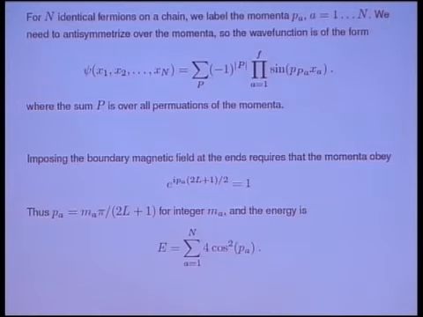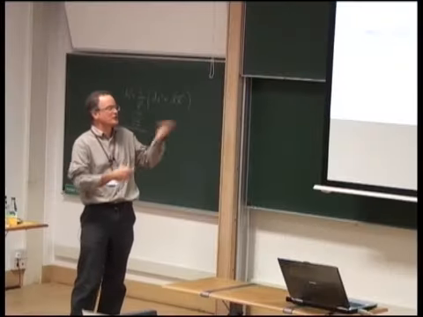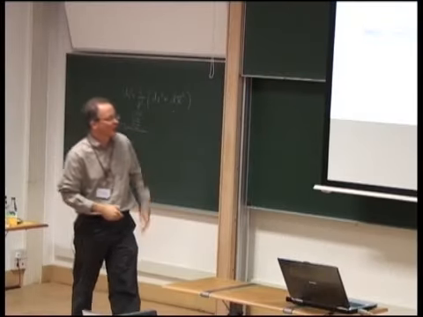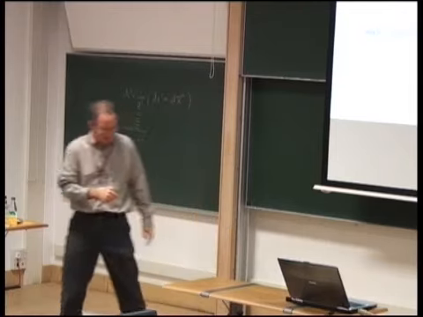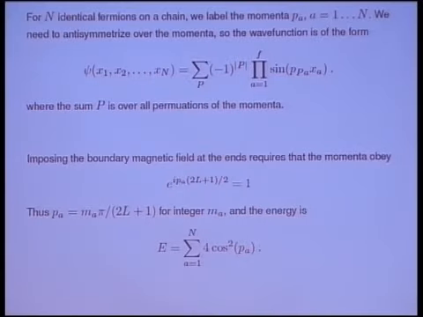You could give that in an undergraduate quantum mechanics class, and people do give it in an undergraduate quantum mechanics class. And the energy is, if you just work out what it is, the sum over all momenta. I know I'm in string theory land, but on the lattice, instead of getting p squared over 2m or whatever, you get things that look like that when you solve lattice models.